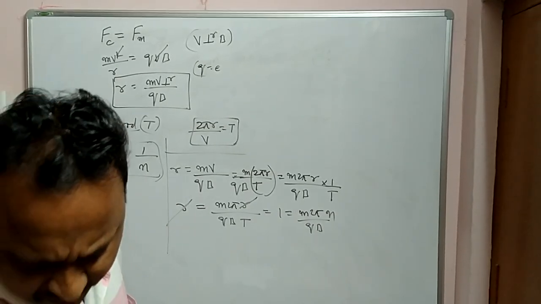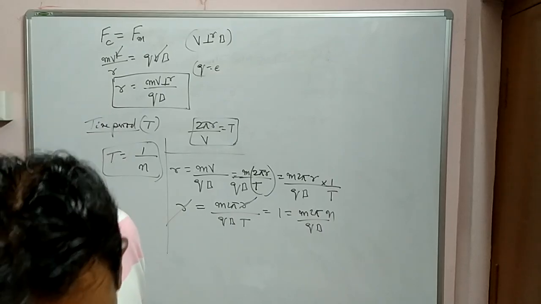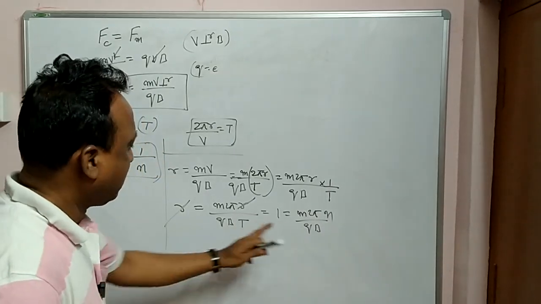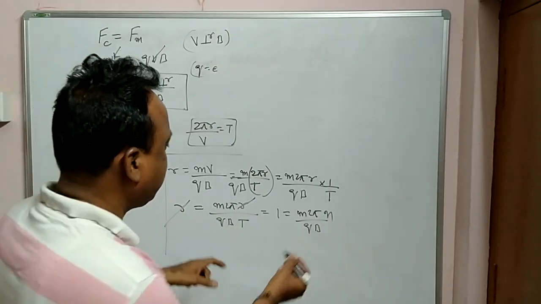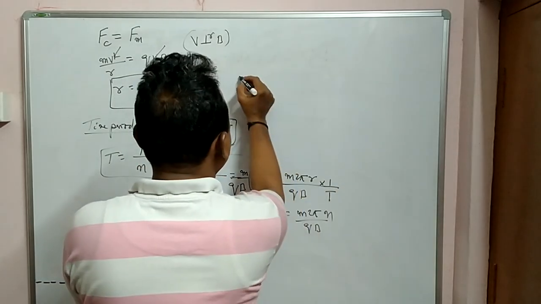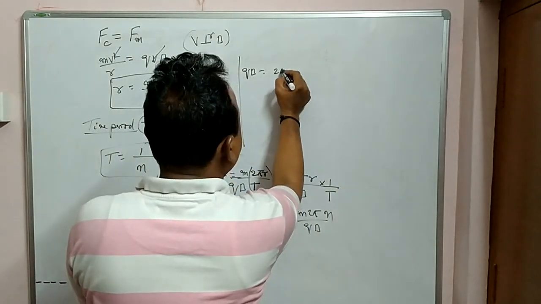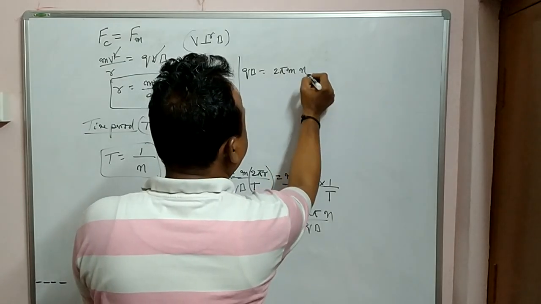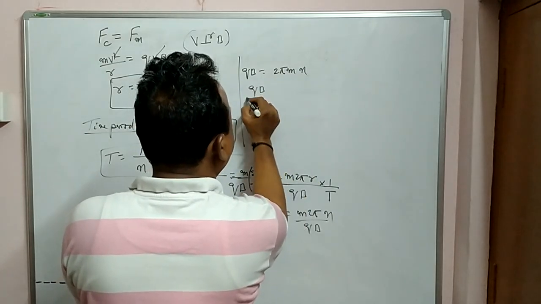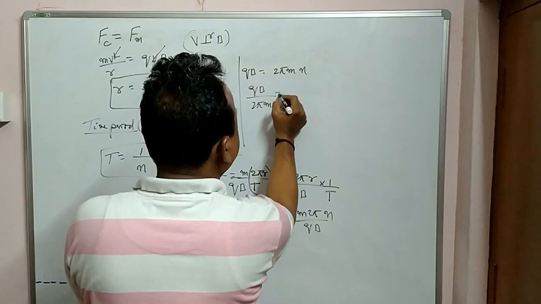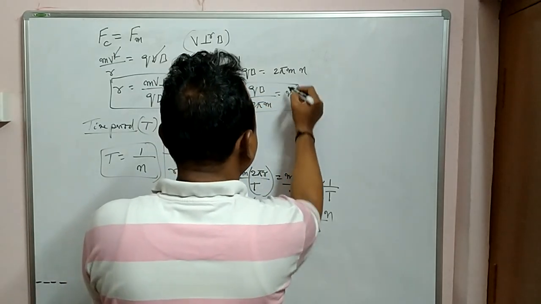So the radius equation we got, we have in terms of time period and frequency also. In terms of frequency and time period, qB is equal to 2 pi m into n, or qB by 2 pi m is equal to the frequency.